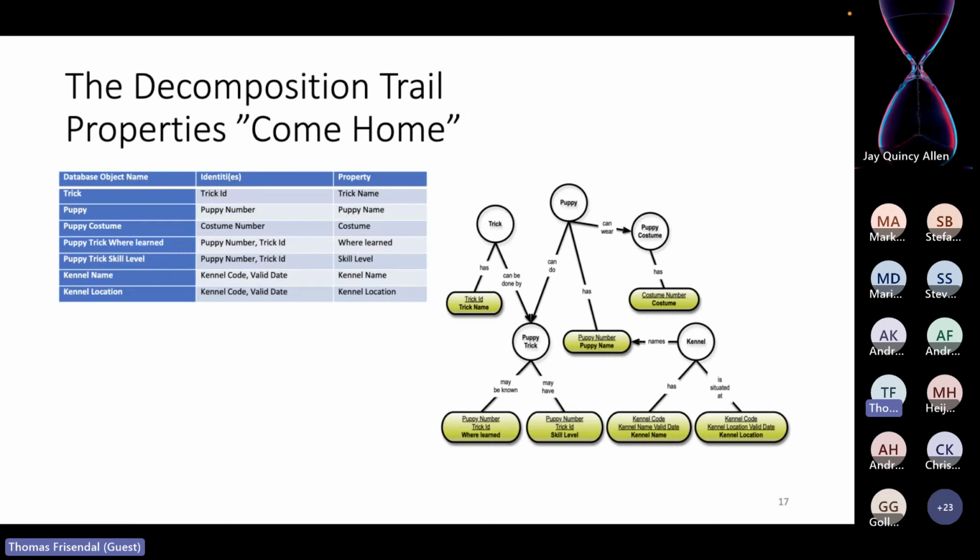Now, doing that, you see that one of the problems in relational modeling is that properties come home, so to speak. You identify the dependencies between business objects and their identities, and the properties that depend on the identity of the object that they belong to. So they come home. That means this is actually the most atomic decomposition that we can get of any data model.